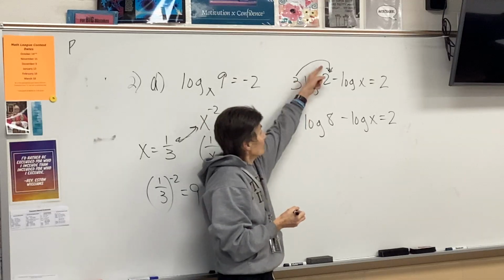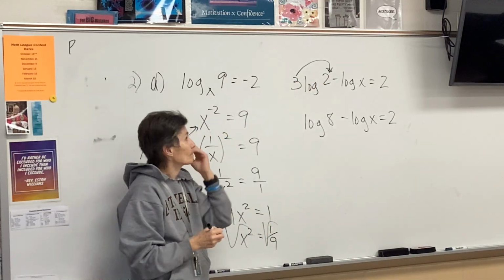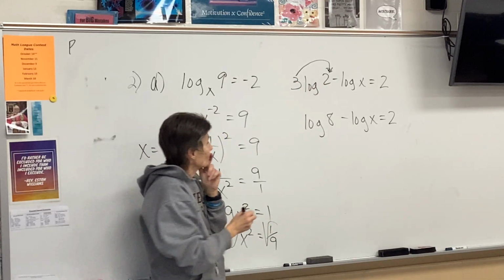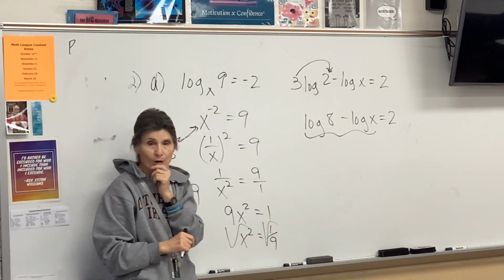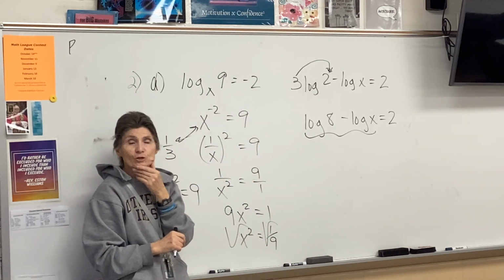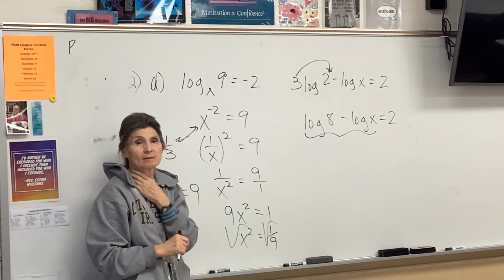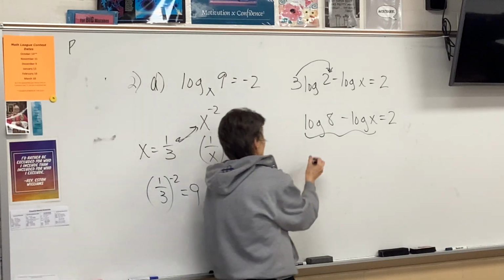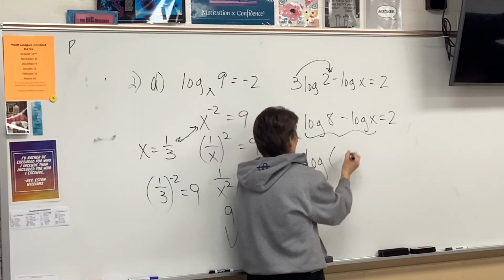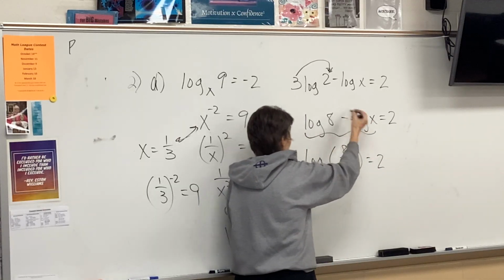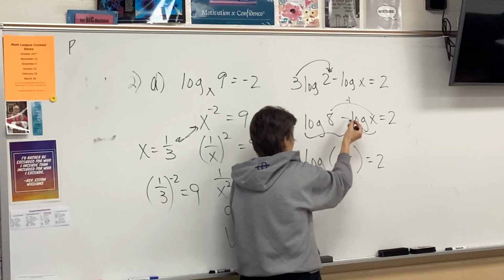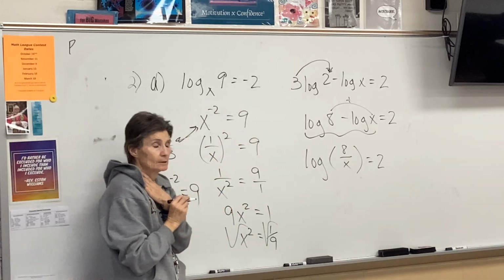This coefficient becomes an exponent. This is a no-no. We cannot have 2 logarithms on the same side. So this is going to be the log of 8 over x equals 2. This becomes a division because that's a subtraction.